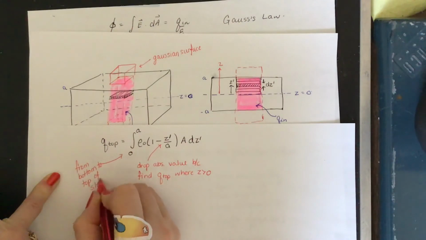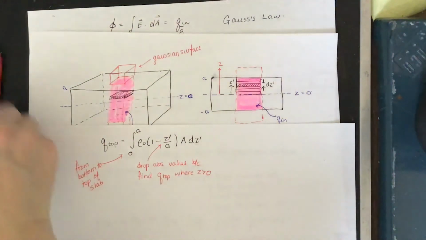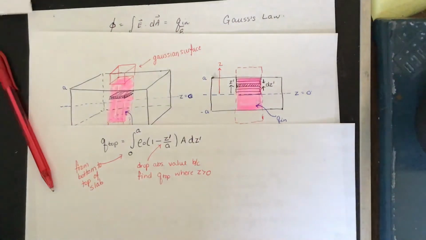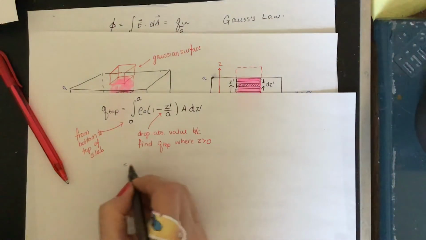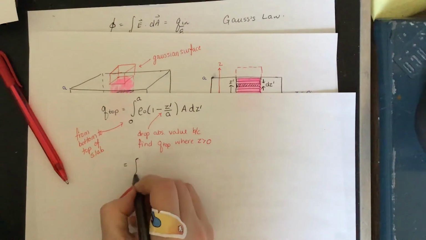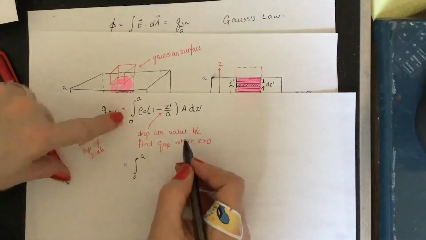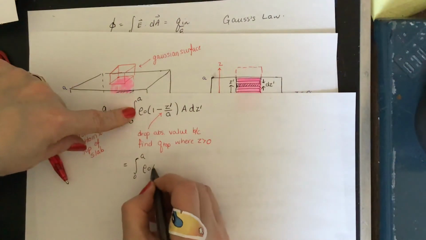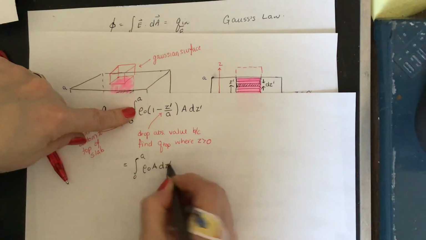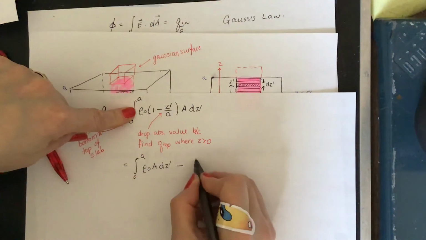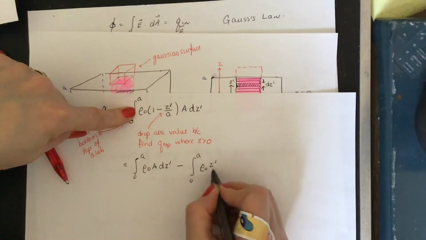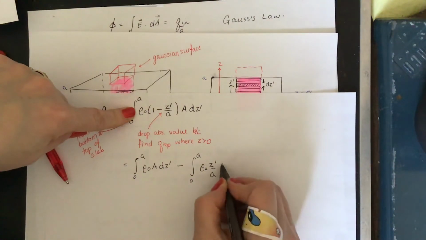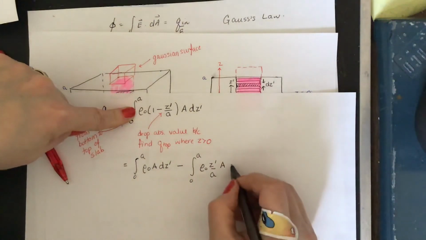Okay, so now this is an integral we can deal with without too much difficulty. We have the integral from 0 to a, and I can break this into two: the integral of rho naught times A times dz primed, minus the integral from 0 to a of rho naught times z primed over little a, the thickness of the slab, times A, the area of the Gaussian surface, dz primed.